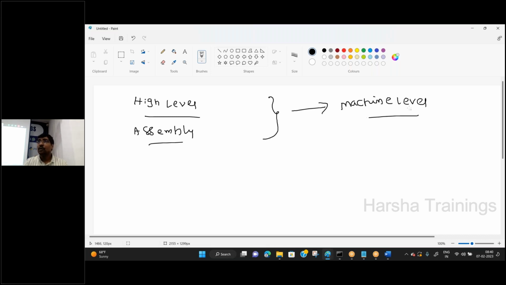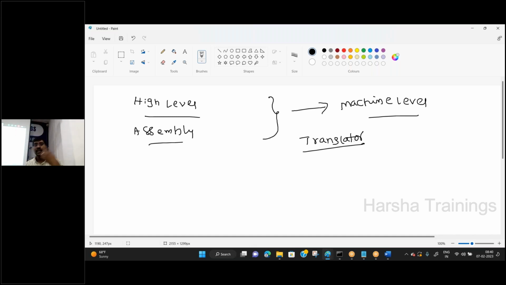Yes or no? Suppose you understand only English. Suppose I am writing my program or I explained in Telugu. You are unable to understand. Then what is the next thing? Compulsory, you need a software or you need a translator. Remember the word. You need a translator which is used to convert my Telugu language into your understandable English language.